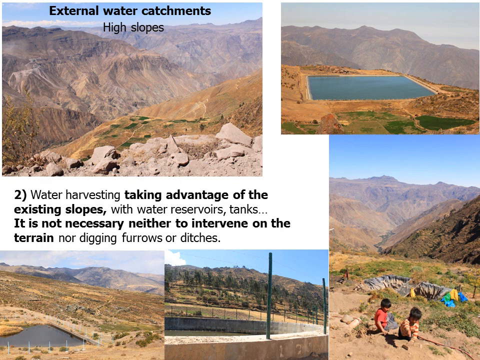In the second category, for external water catchments and high slopes, water harvesting takes advantage of the existing slopes, and it is not necessary either to intervene on the terrain or dig furrows or ditches, as in the previous case.